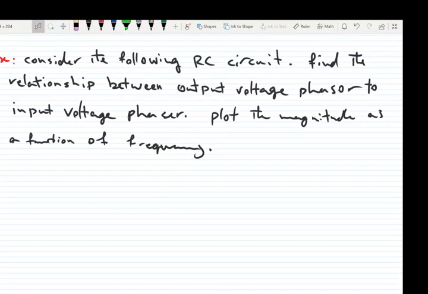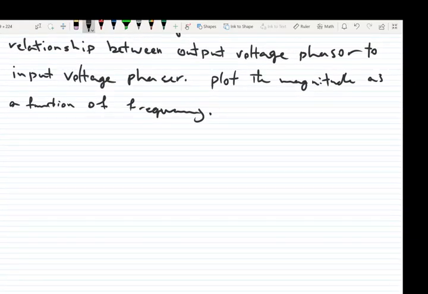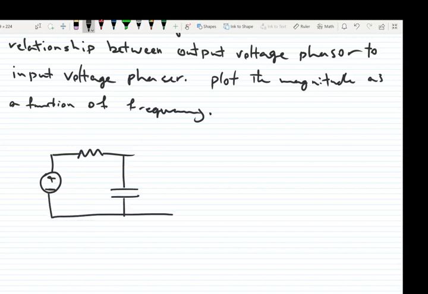Okay, so here is the circuit. We have seen so many AC circuits so far, but do you believe this simple circuit, which includes only one resistor and one capacitor, is in fact a filter?